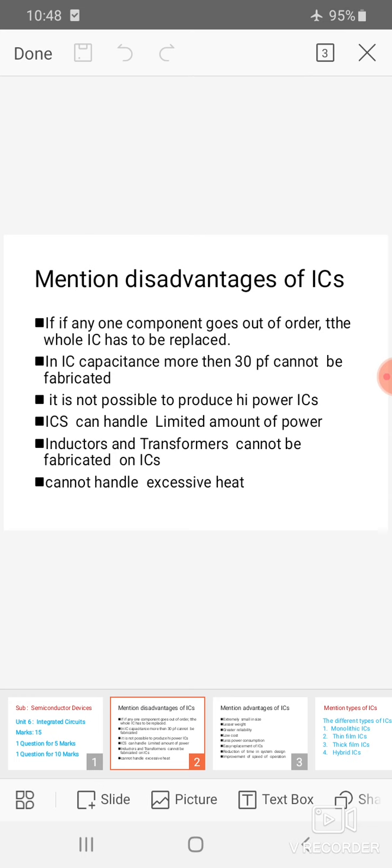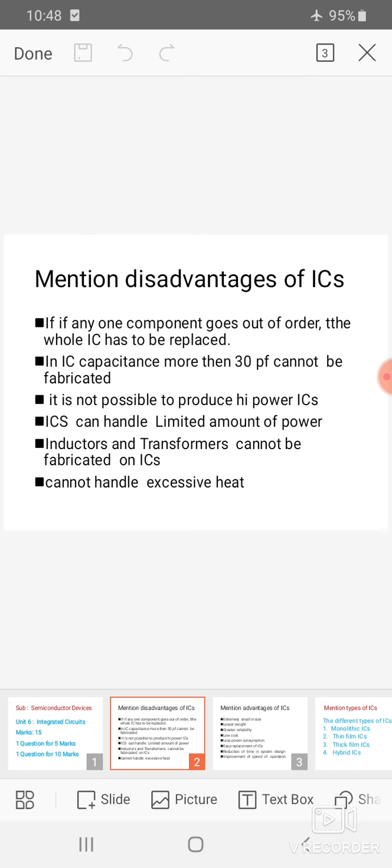As per my experience, we can use ICs for a maximum of 15 volts. So high power IC production is not possible. ICs can handle only a limited amount of power. The next disadvantage is that inductors and transformers cannot be fabricated on ICs.